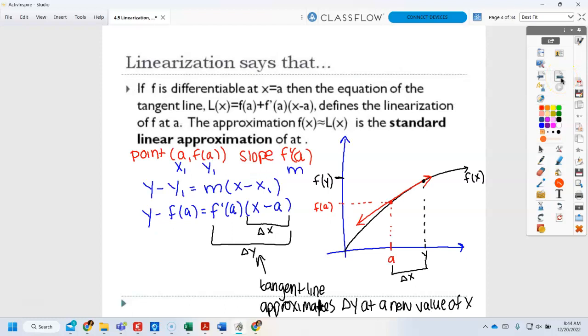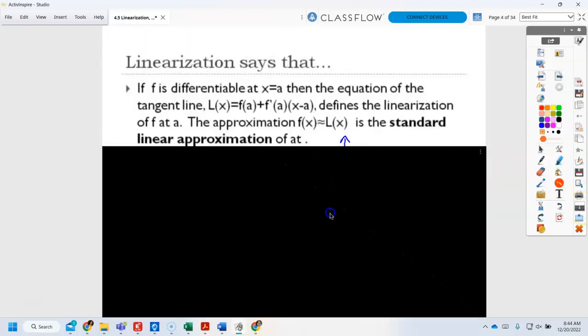Here's the formal definition of linearization. The formal definition says if f is a differentiable function at the point a, then we have the equation of the tangent line, but now we're modifying the equation slightly.